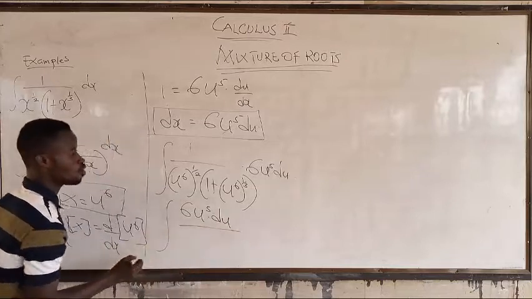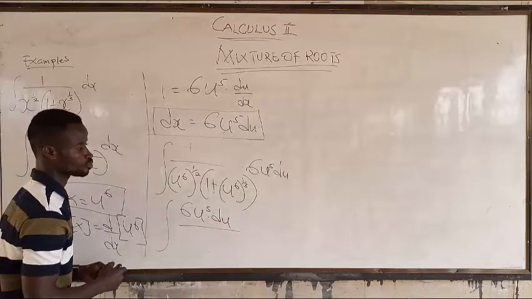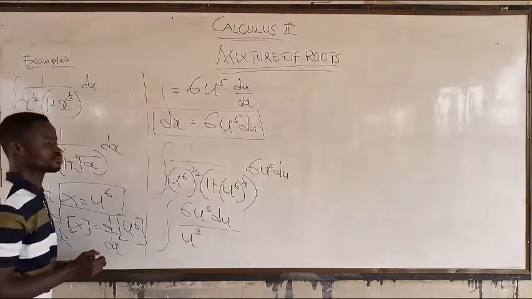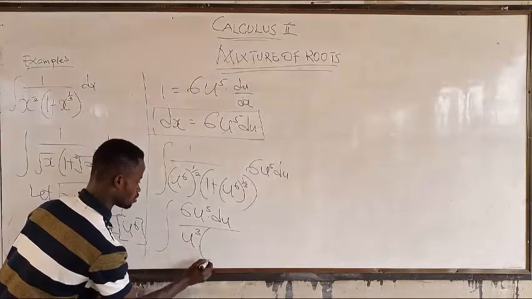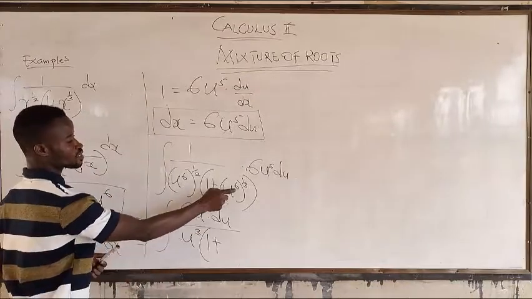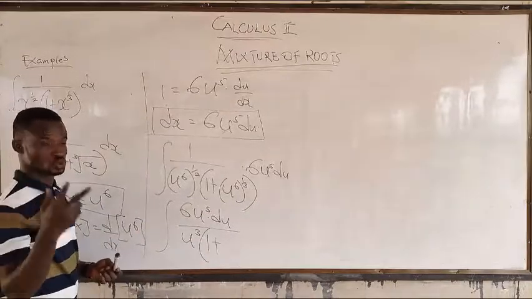Du over, now watch, half times 6, u raised to the power 3. 1 plus 1/3 of 6, that is 2.